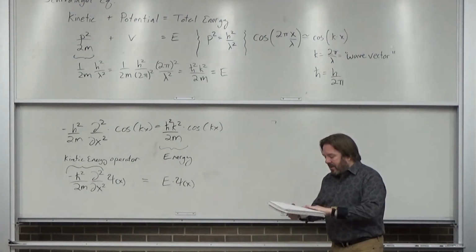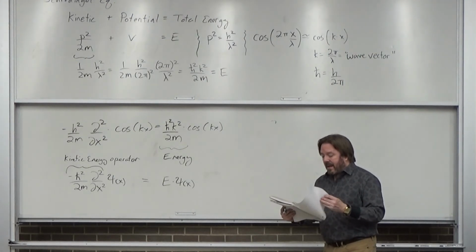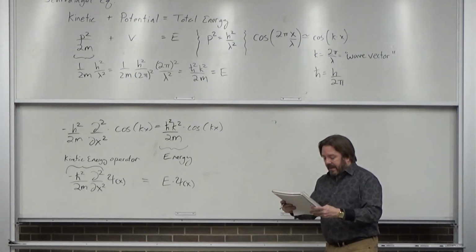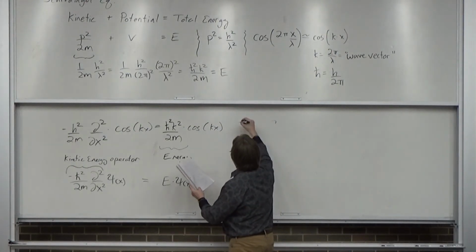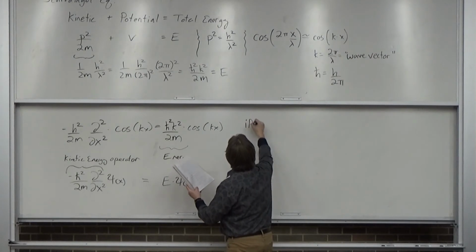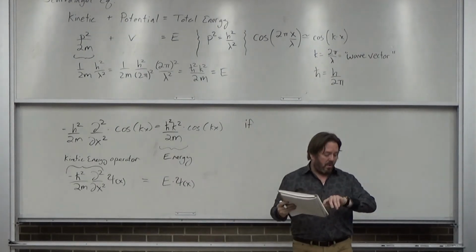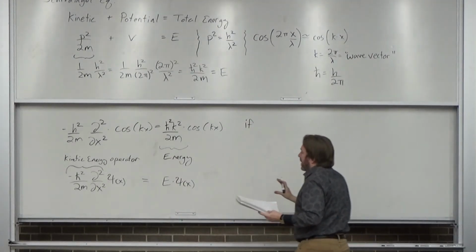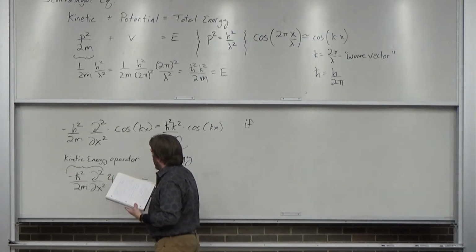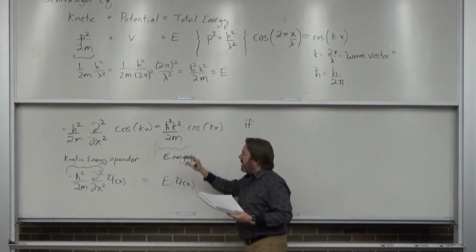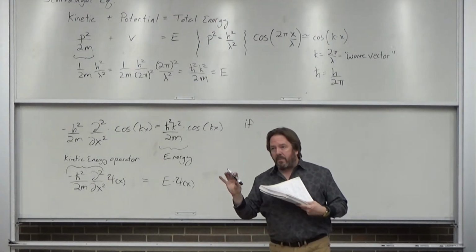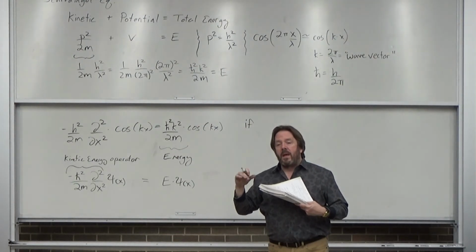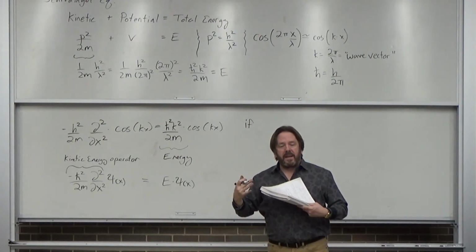Last bit. There's one more thing that we can get out of this. We can figure out what k is. I can put a little bit more of a picture of what k is using this information. Right now I have the Schrodinger equation, and I have a wave function of cosine kx. Just like that Planck problem, remember how I wrote down the differential equation for the Planck distribution, the Maxwell equation deal.